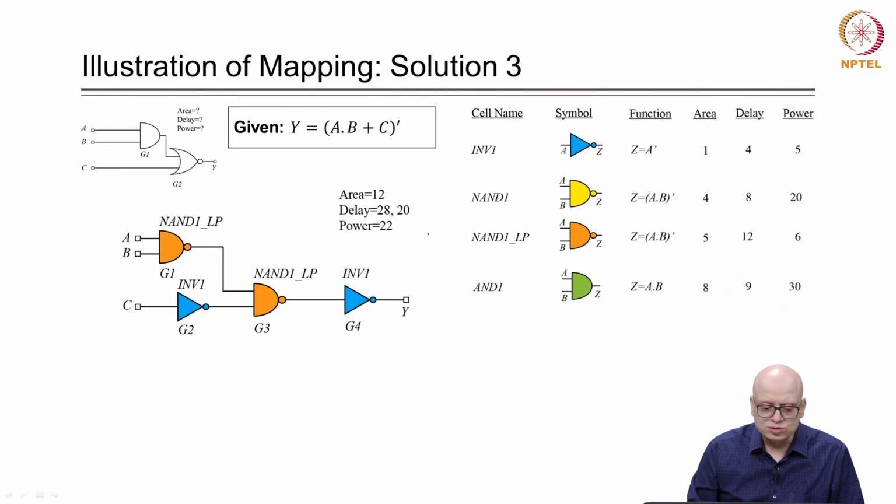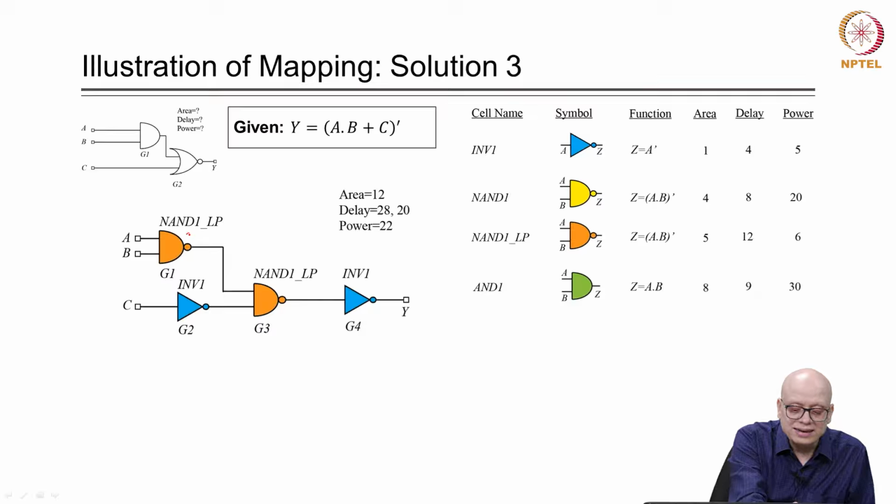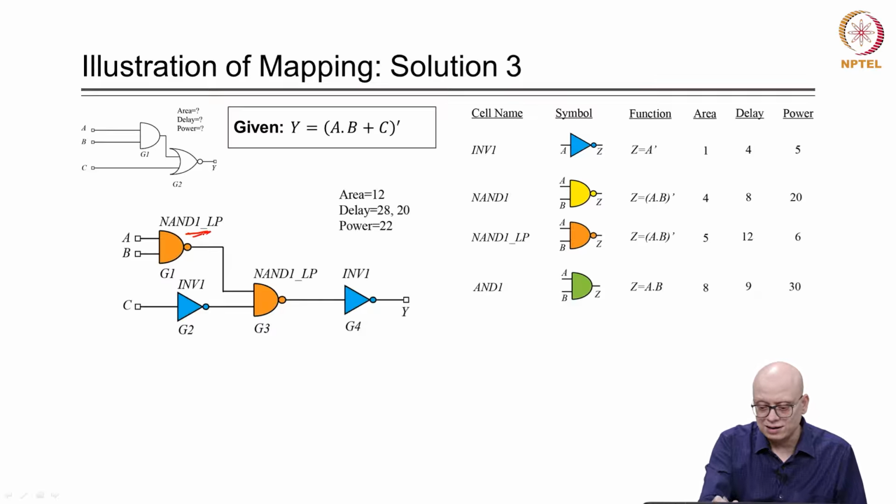In the third solution, it is similar to what we had as the first solution. The only thing is that now we are using NAND 1 LP rather than NAND. Functionally, NAND 1 and NAND 1 LP both deliver the same function, that is NAND. But NAND 1 LP has low power but higher delay.